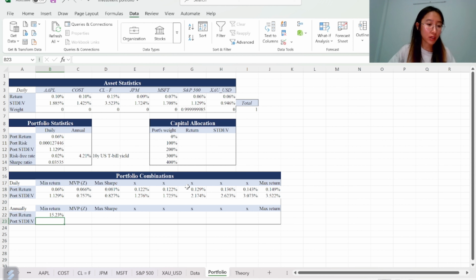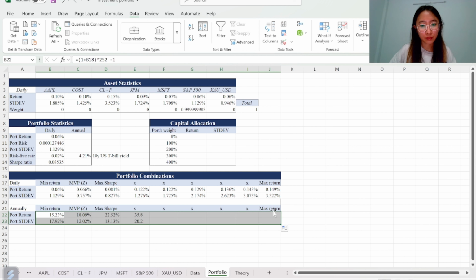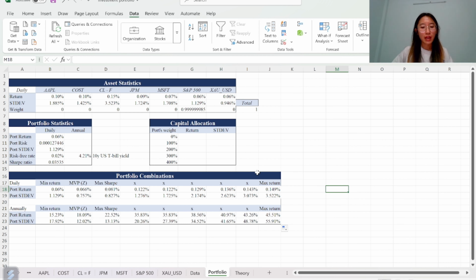For the standard deviation, it is much simpler. You would take the daily and then multiply it with the square root of the number of trading days. There it is.